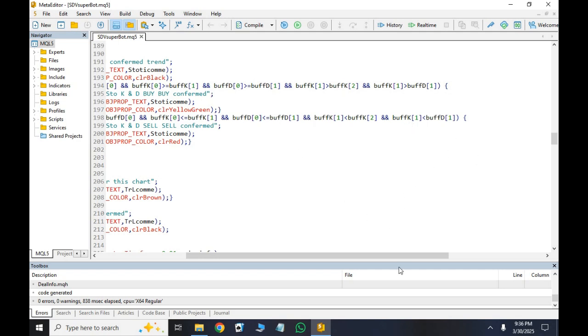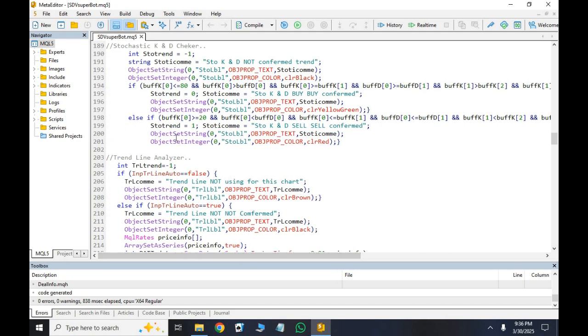When all these conditions happen, then trend is 1. That means sell position confirmed, and it shows in the label also in red color, right?